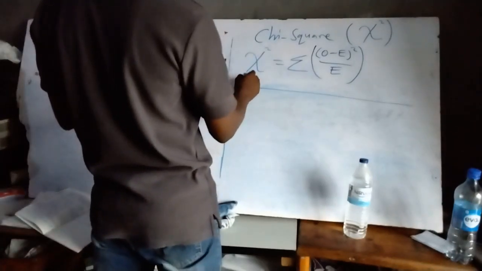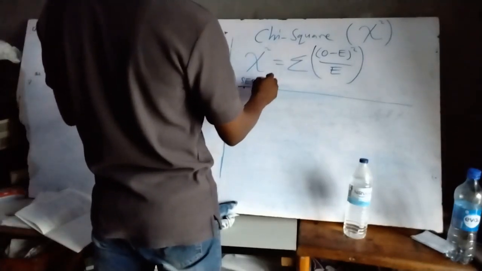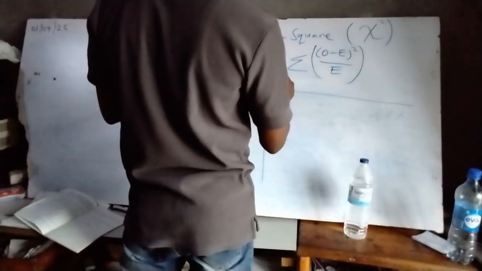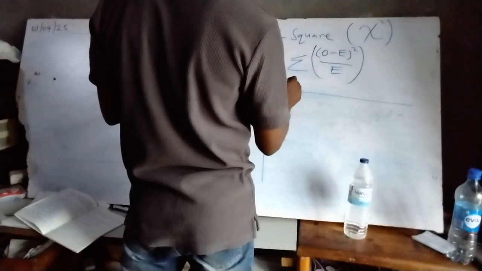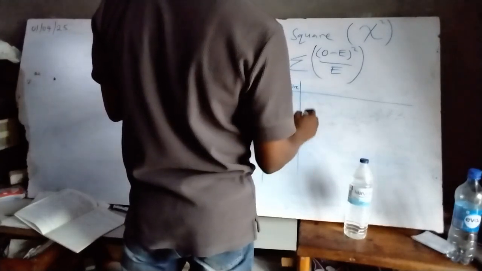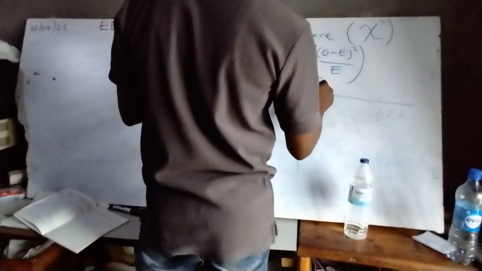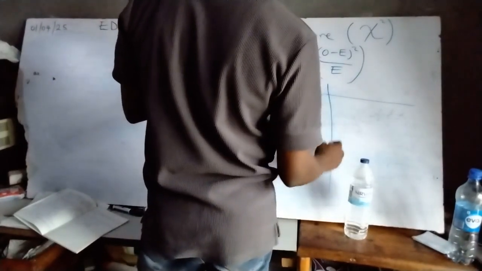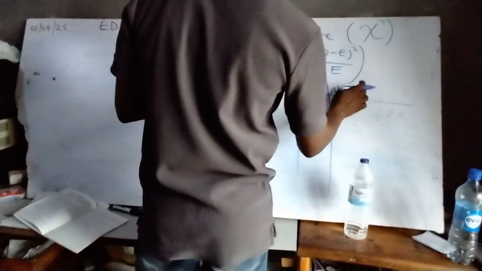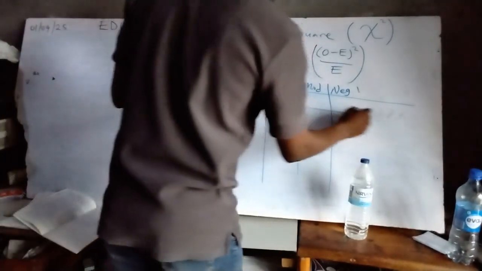So socio-economic status, then we have the positive, moderate, and negative. So we have the values.